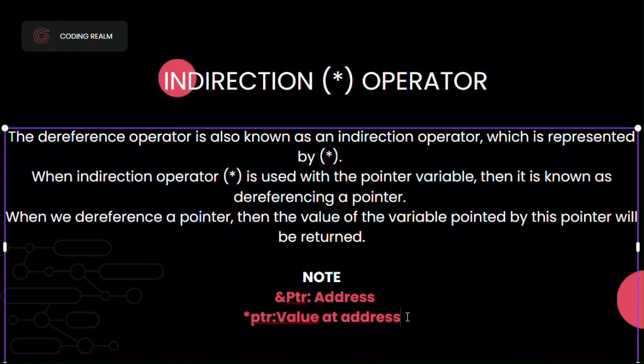For example, if the value at ptr is 7, then *ptr is 7. It means I need the value the pointer points to.